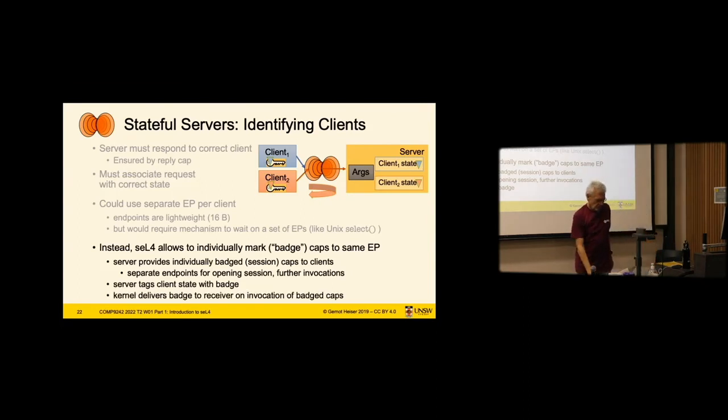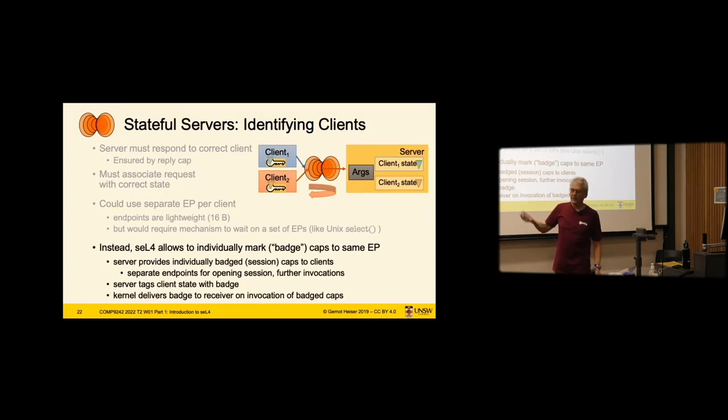So when the client invokes the endpoint, as I said, the kernel passes the badge along, and the server can then look up the appropriate client state for the invoker and deal with it.